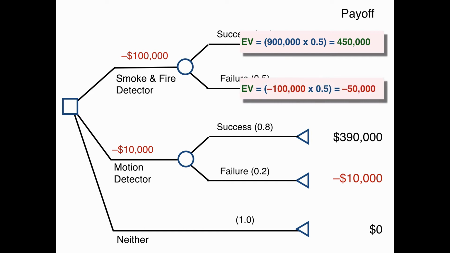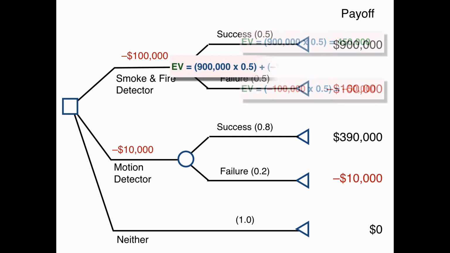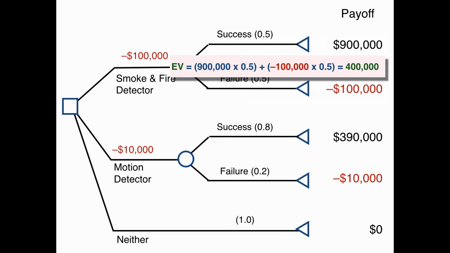It's the overall payoff minus 100,000 times 0.5 gives you minus 50,000. But what we want now is the expected value for the whole chance node. So if we're going to put a figure on that circle, we add those two expected values, and that gives us the expected value for that particular chance node.